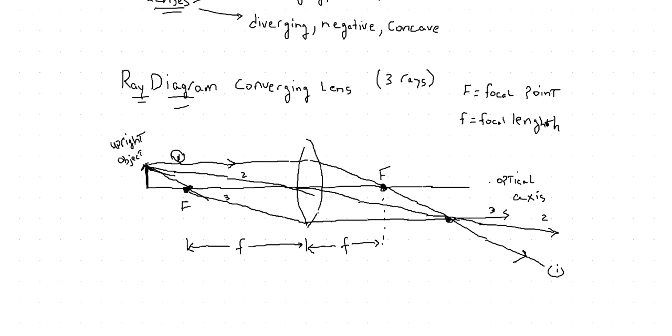Now, here's the object. Let's look at the object. I'm going to draw a dotted line down here, and then from the middle of the lens, I'll draw a dotted line here. The distance from the center of the lens to the object, we're going to call d sub O, and that's going to be this distance.